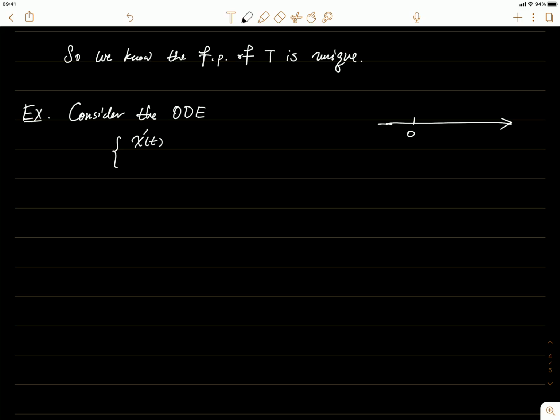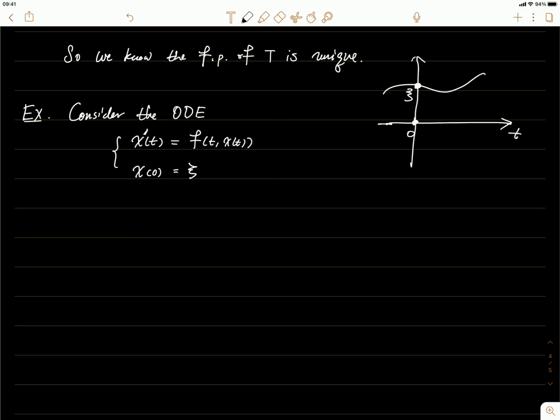Okay, so I'm going to be interested in the ODE that is defined over the real line. So this is the number t, and I will have a function like that. The property of this function is that I know the derivative of this function is equal to f of t, x of t. Okay, some generic function f, and this is called the ODE. And I know that the initial value is called c. That means at this point, I know this is c. Okay, right here.